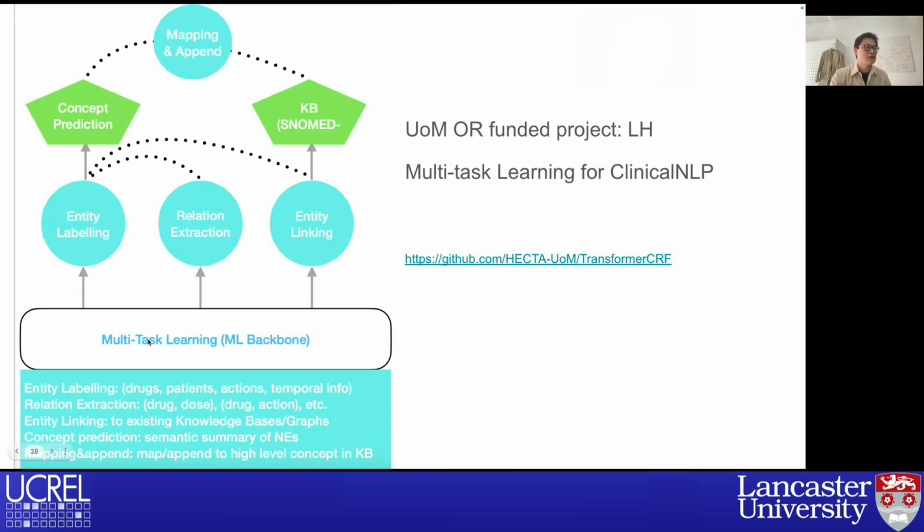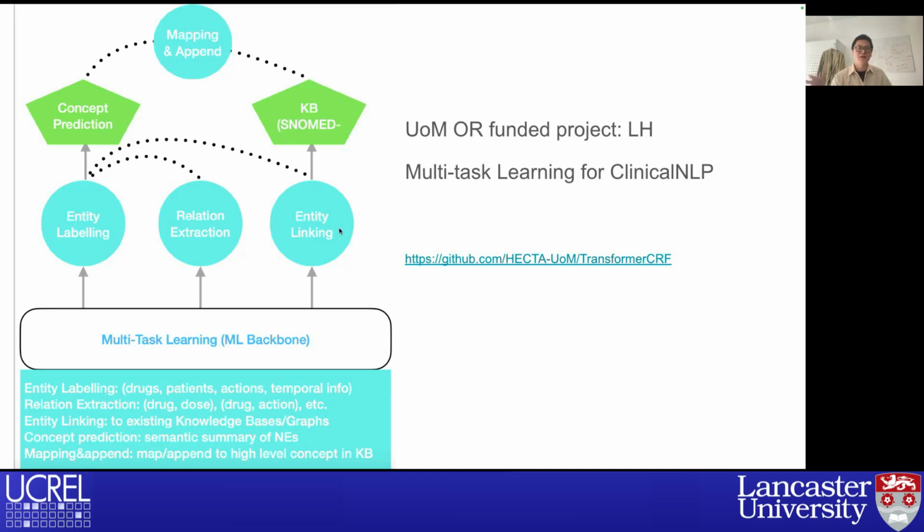So this is a diagram that I drew that was funded by the Open Research Fund. We can apply multitask learning for clinical input. You can do entity labeling like medical events, relation extraction like medical treatments and problems and outcomes. And linking is, for example, the drugs you used.